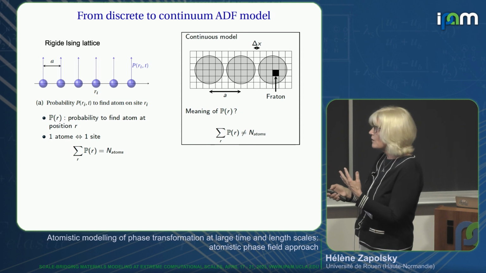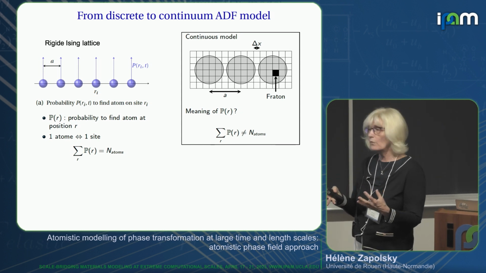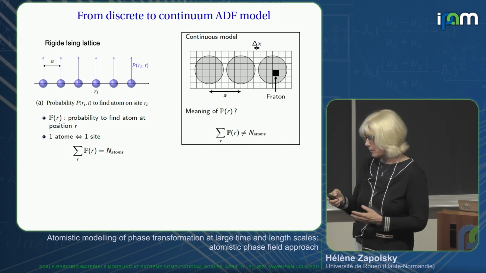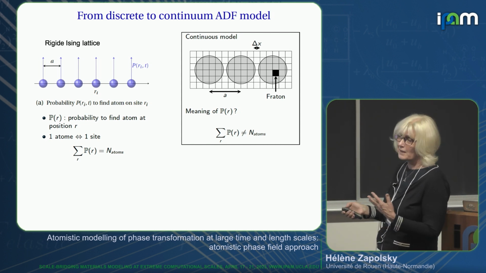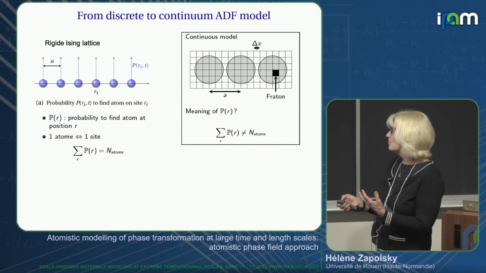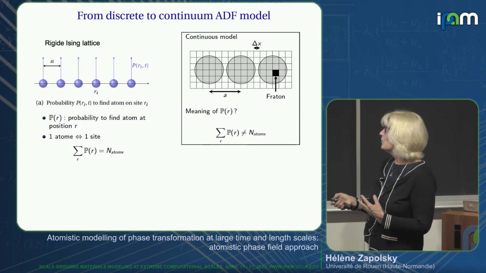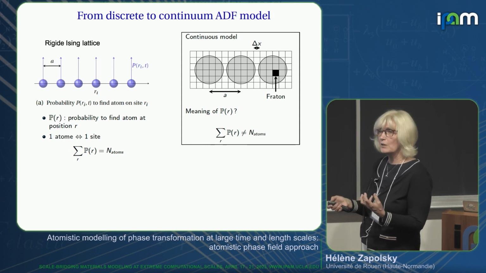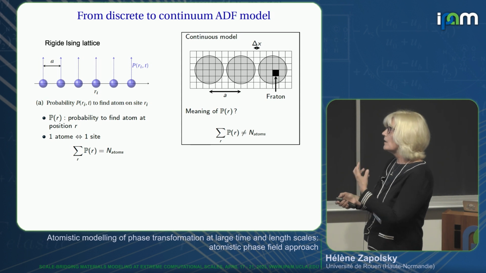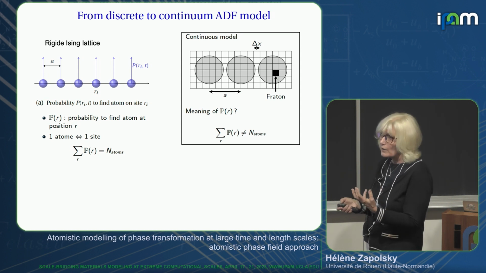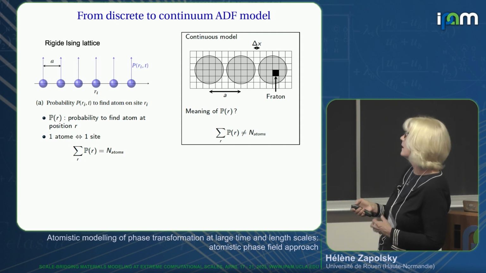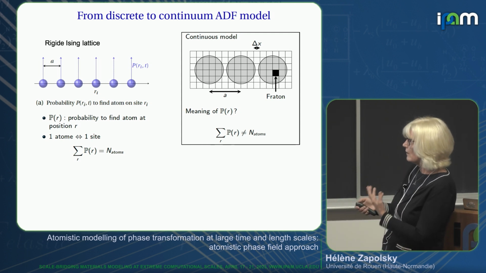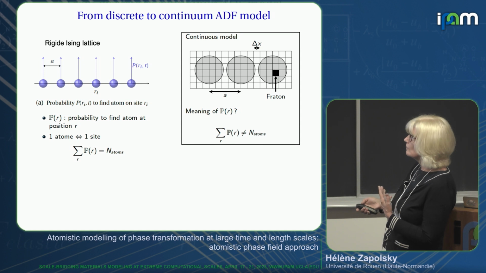So this is the difference between this kind of approach and the discrete approach. We call this a fraton, a fraction of atom. It's not really a fraction of atom, just a name introduced to know how to introduce the density. So in this case, we start with the density of fratons, not the density of atoms. It can be recalculated if we fix the atomic radius, but anyway, we should be careful in this case of modeling.